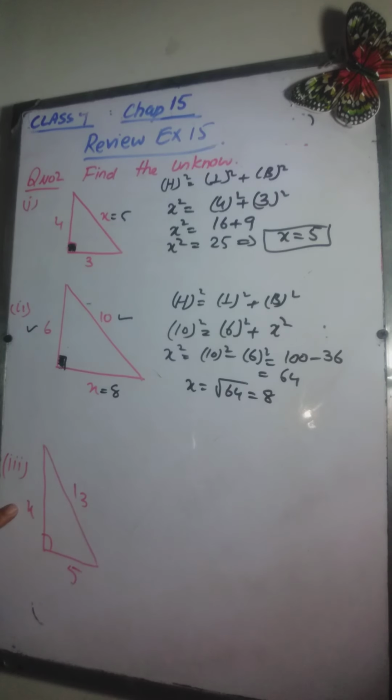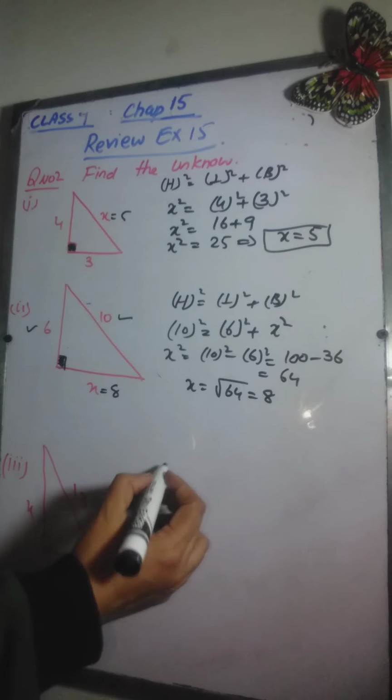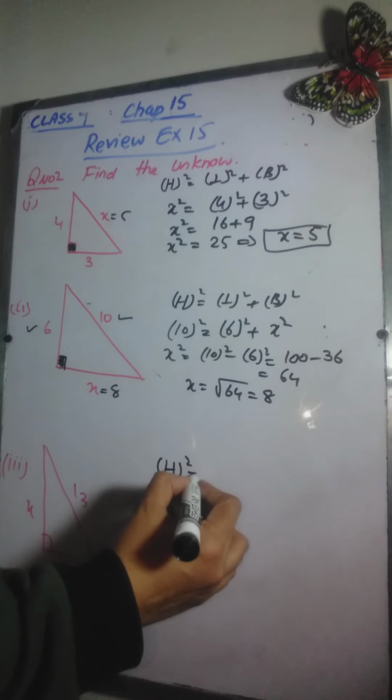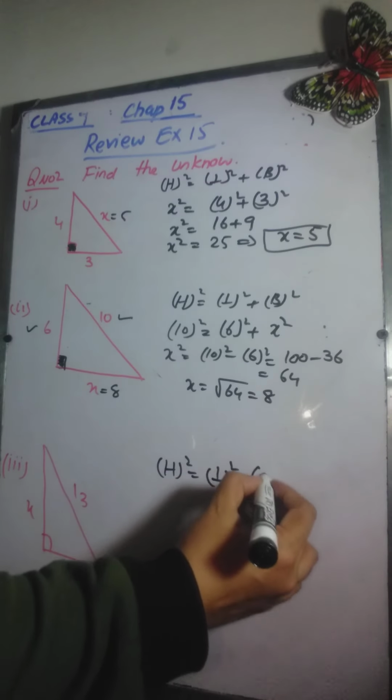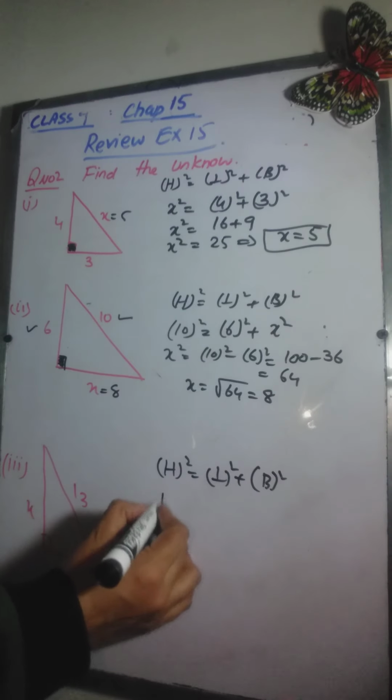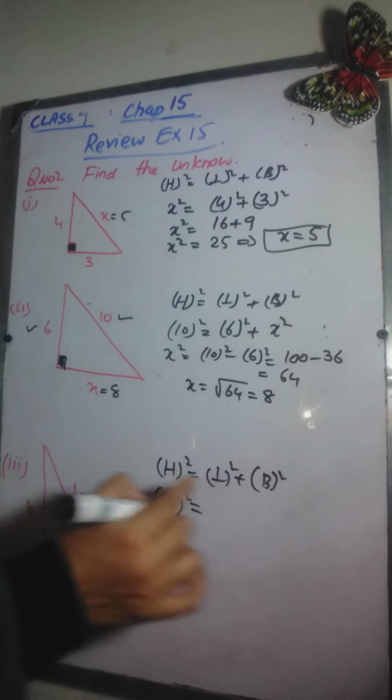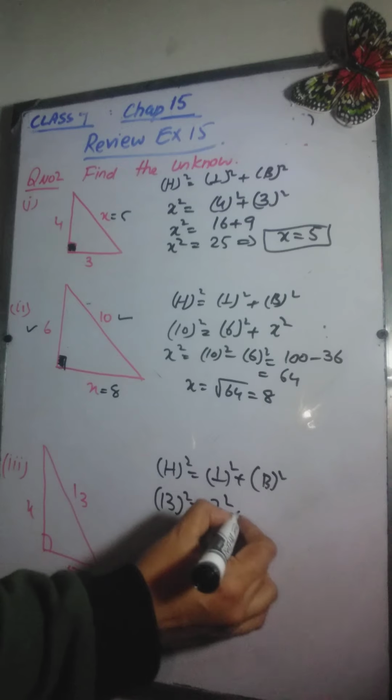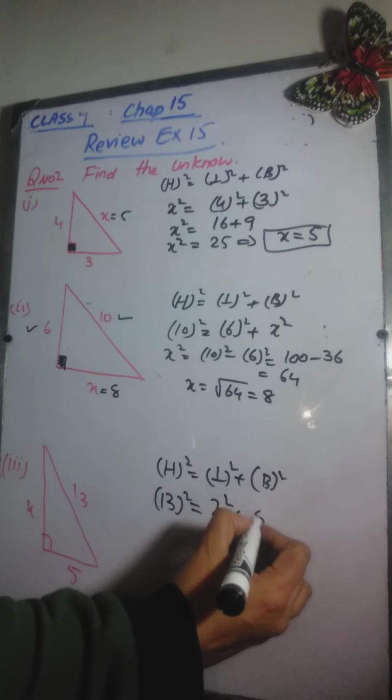Now moving to the third part. Over here we are given the base and hypotenuse. We have to find the perpendicular. So again we are going to use the same formula. Hypotenuse is 13, so 13 square is equal to perpendicular x square plus base 5 square.